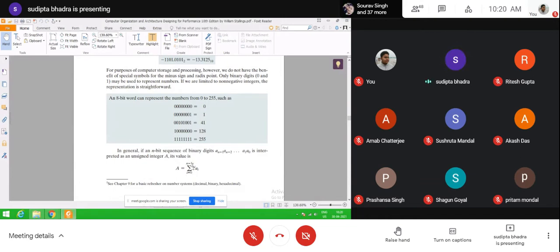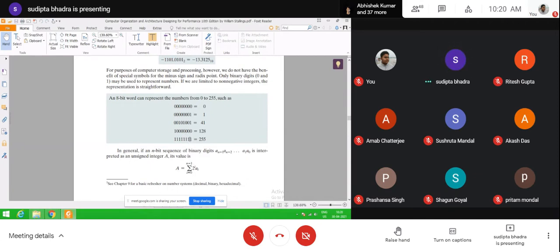Now this 2 to the power i times ai is nothing but the bit value at each and every bit position. For 8 ones, a0 is 1 and a1 is 1. For a0 the value of i is 0, so 2 to the power 0 is 1.